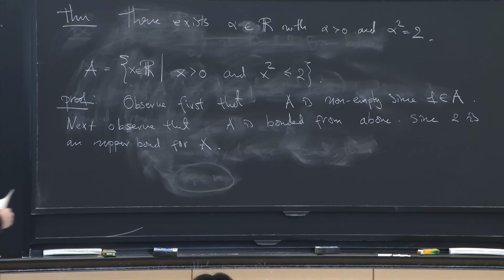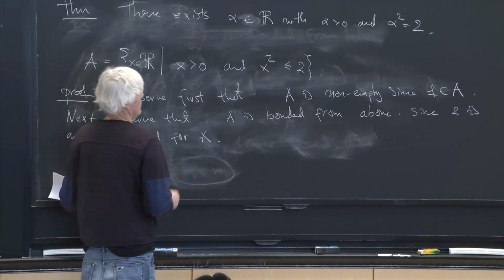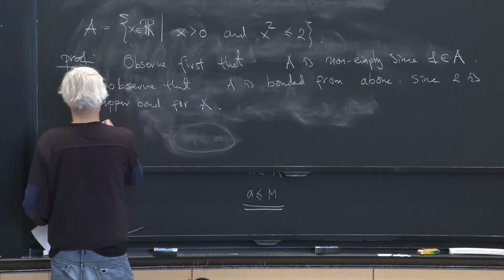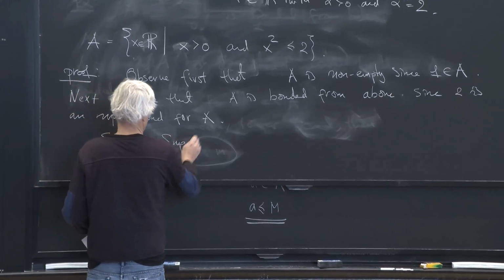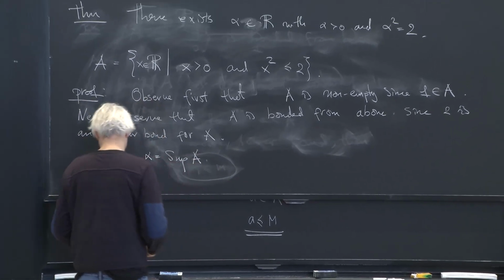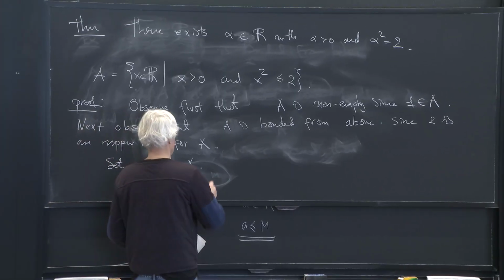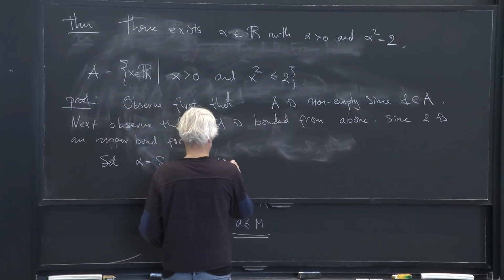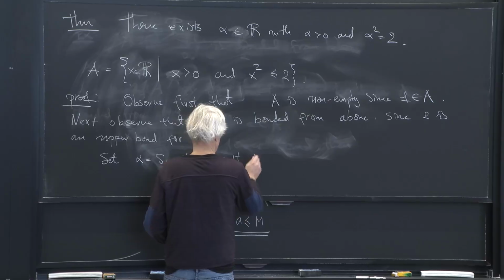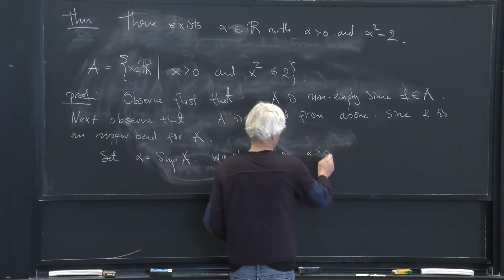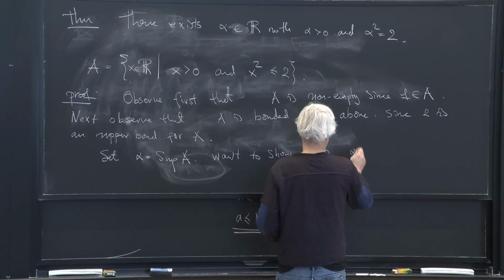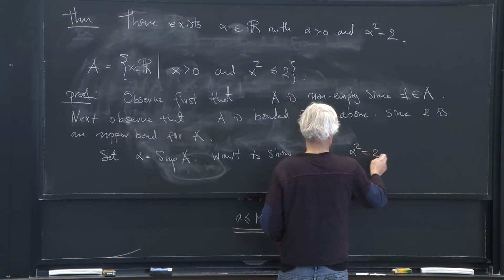Now we have a non-empty bounded subset. So we set alpha equal to the sup of A. And we want to show that alpha is positive and alpha squared is equal to 2.